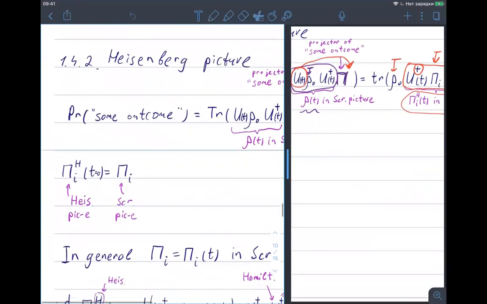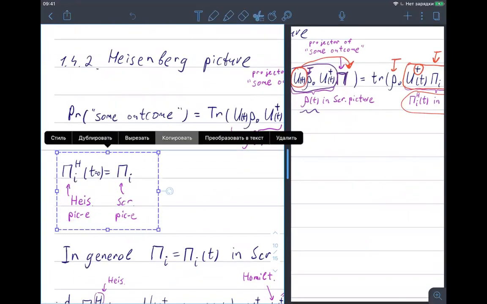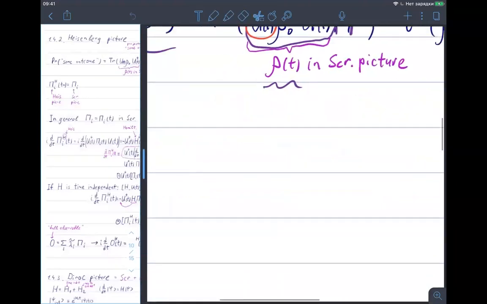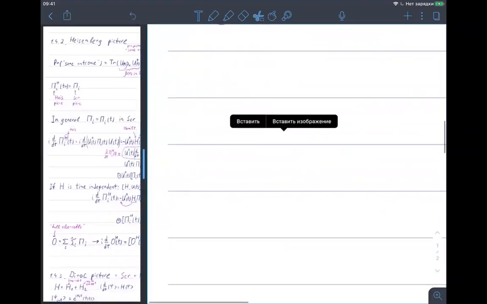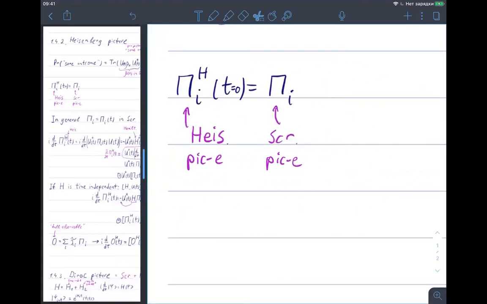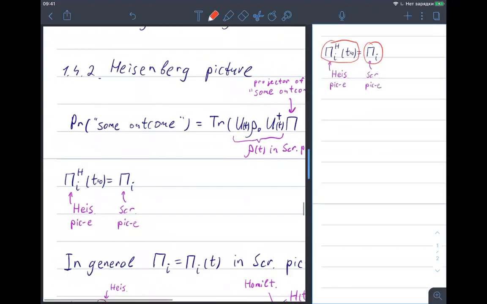Again we have an initial condition on our evolving operator, given by the operator from the Schrödinger picture. So the operator at time t in the Heisenberg picture coincides with the operator from the Schrödinger picture. Here I consider the probability of some outcome because it's what we're interested in, but next we will see that we can generalize it to a whole operator.